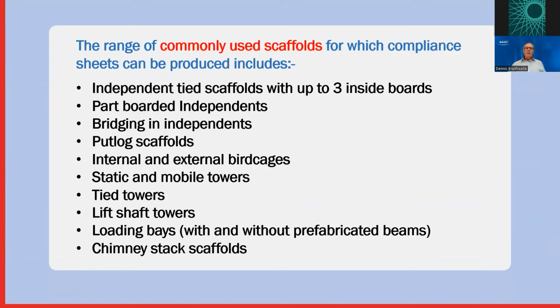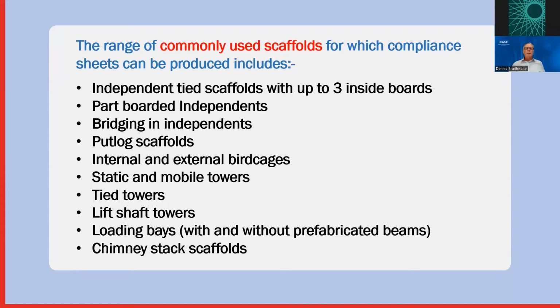As I said, it covers a range of commonly used scaffolds, and this is what the range is really. So this is probably 75–80% of all scaffolds that are erected that probably fall into these categories.